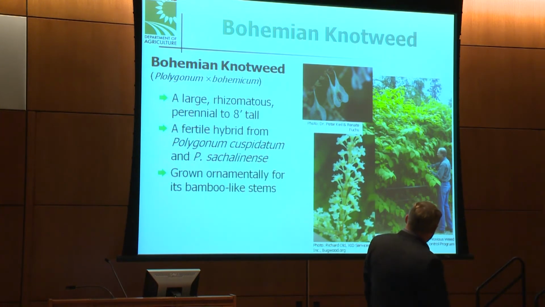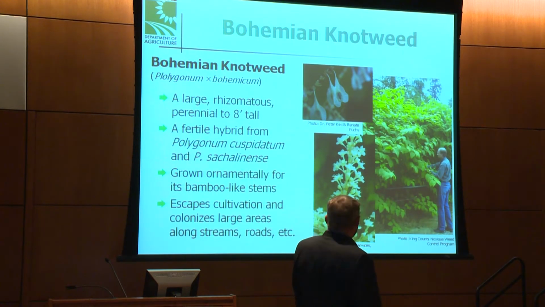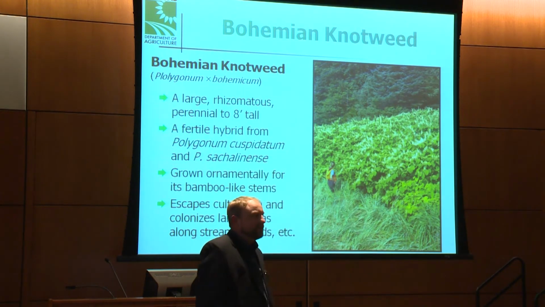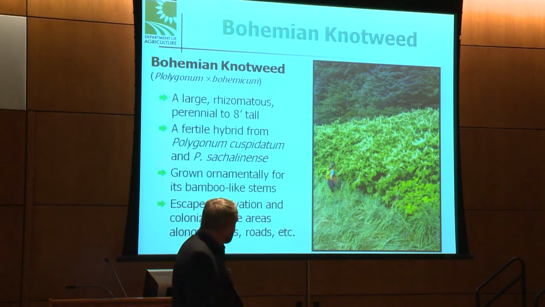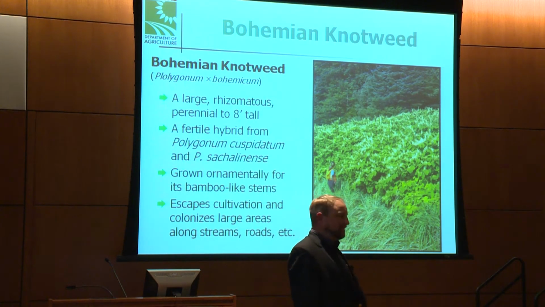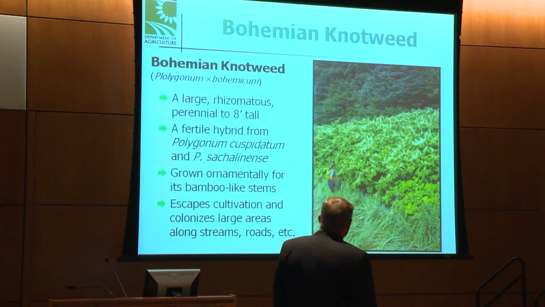Grown ornamentally, they look like bamboo with the nice flowers, spikes on them, but easily escapes cultivation and can colonize large areas. It can just, again, take over, forms monoculture. How many native species do you think could get down under that and grow up through that? There's not much sun that gets through that.